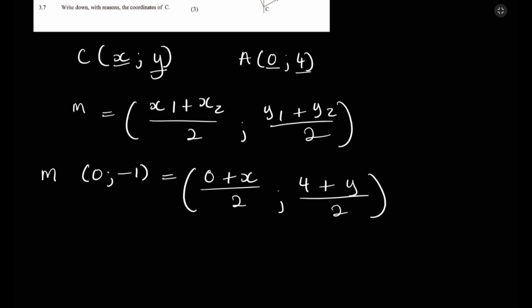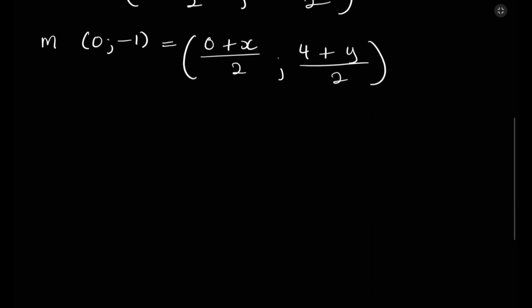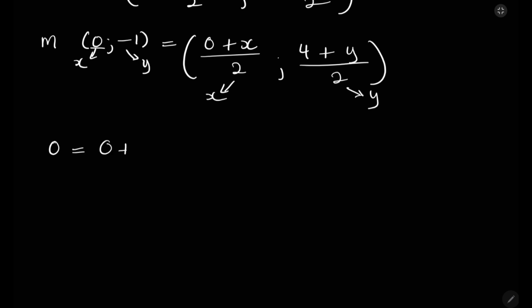Now let's split them into two separate equations. That is your x, and that is your y. So let's say this 0, your x is equal to 0 plus x over 2. So it's basically this is equal to that. Okay, now let's solve. We want to get rid of this fraction, and to do so we can multiply both sides by 2.